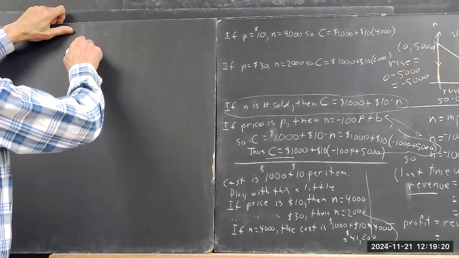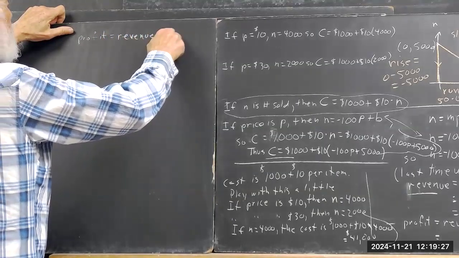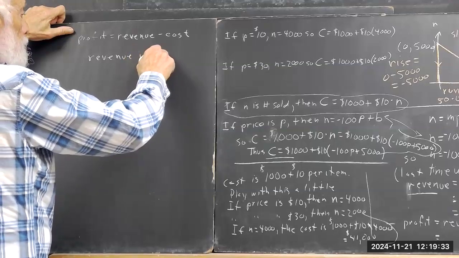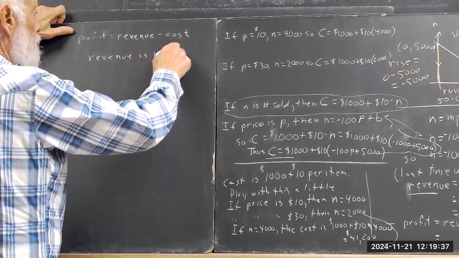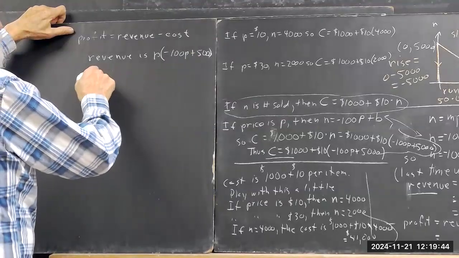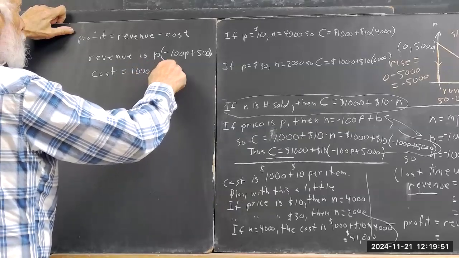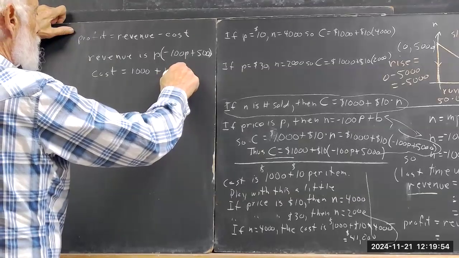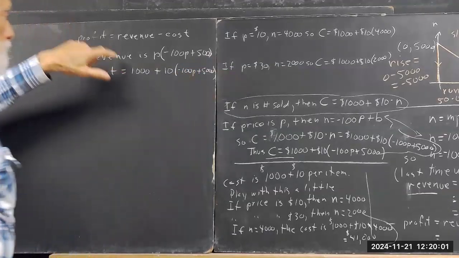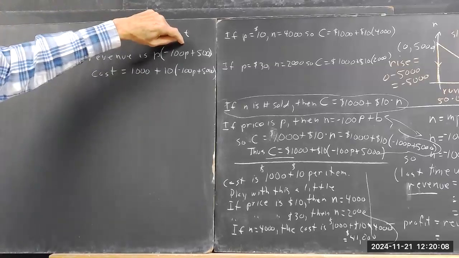Again, profit is revenue minus cost. That's common sense. Think about it. Here's your revenue. Here's your cost.